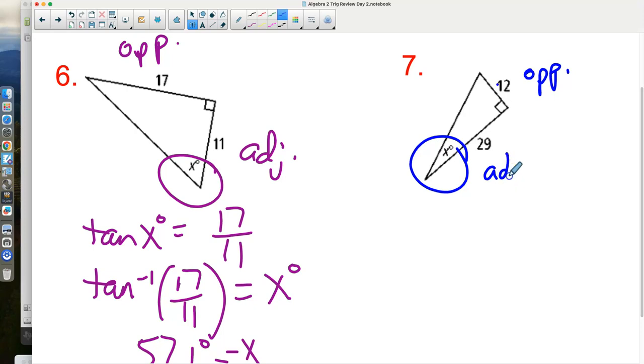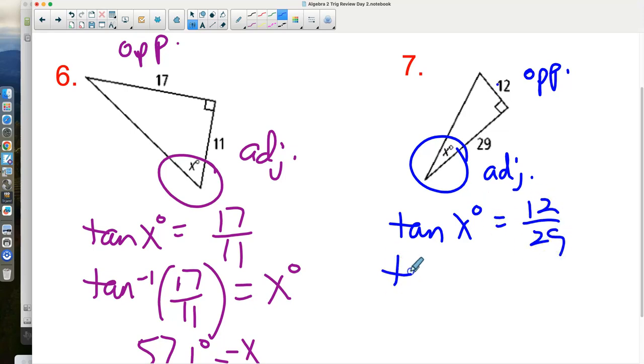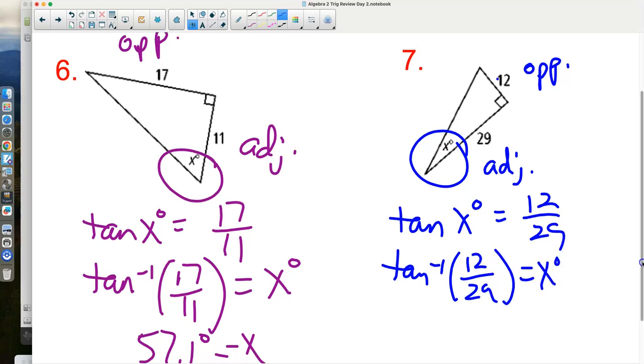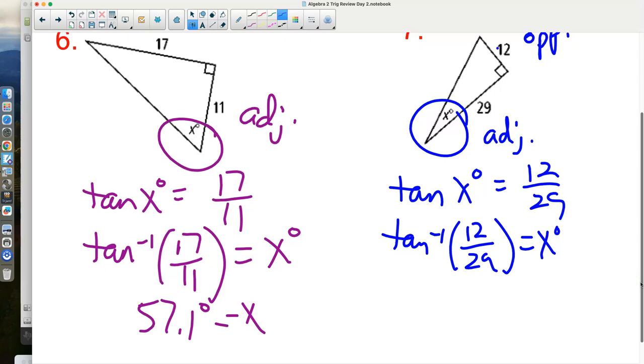Adjacent. You got a trig function in mind? Yeah, and I kind of wish they didn't use exactly the same one here, but they did. So the tangent of x degrees equals 12/29. And let's get everybody to punch that in with the inverse. And let's see if we all come up to the nearest 10th with the same thing.